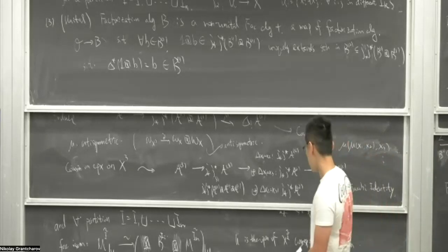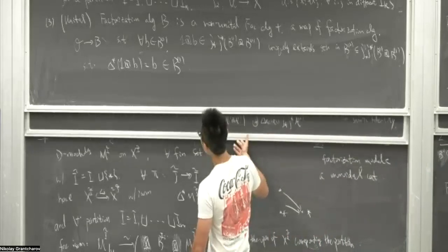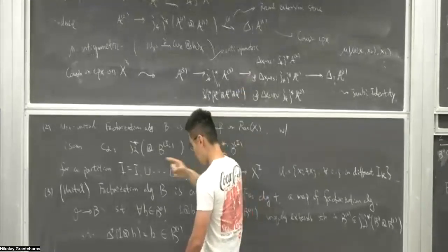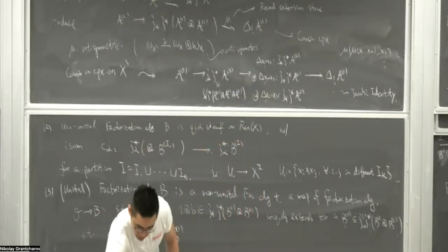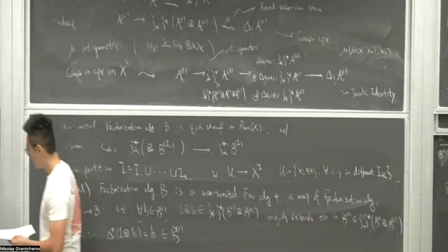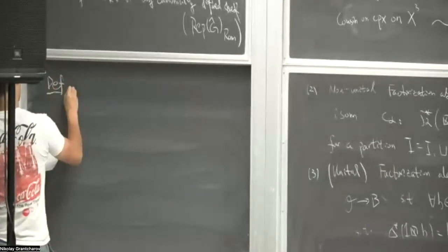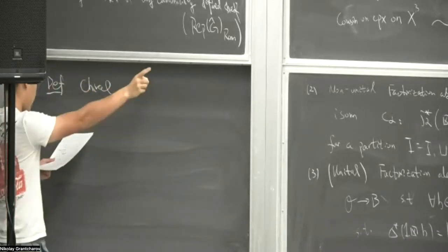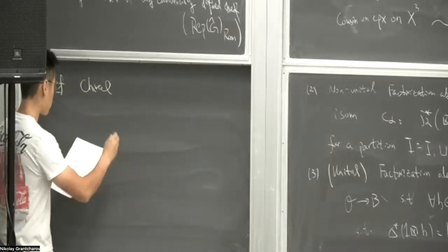Okay, so let's skip the formal definitions of chiral algebra. A chiral algebra is just a D-module, with chiral brackets plus a, well, okay, you also need a unit.